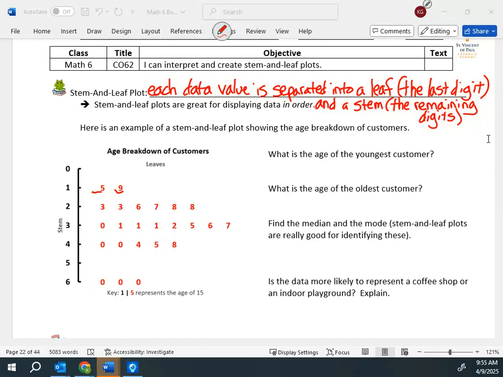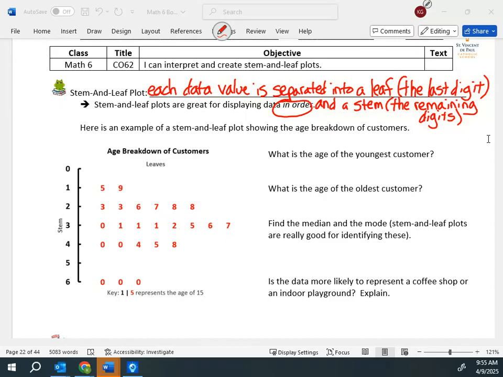That's just the leaf part. We need to combine it with the stem to see what our true number is. So stem and leaf plots are great for displaying data in order. Important to note, we need to know when we use bar graphs and when we use line graphs. The stem and leaf we use to see things in order.